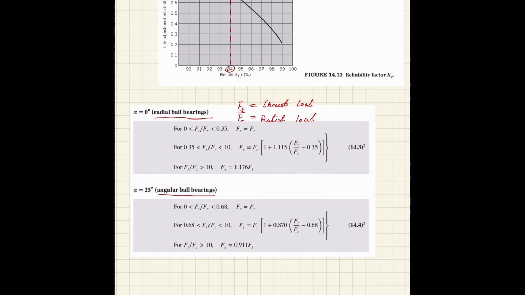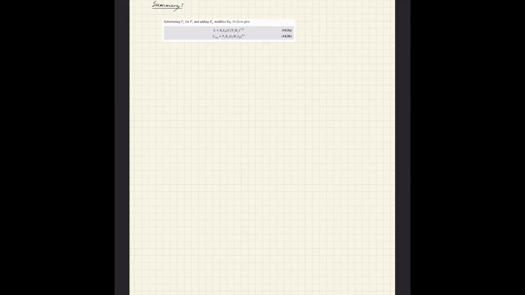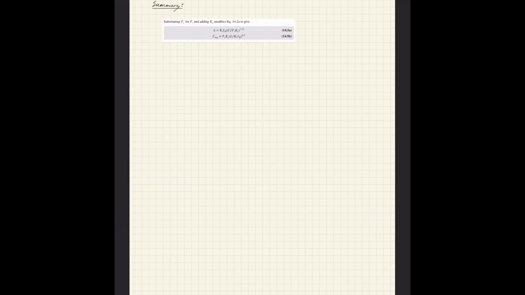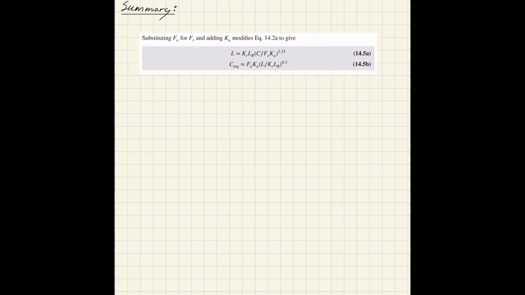It's FT over FR once again, which you must determine from the question, and that'll give you your equations for FE. Lastly, let's discuss the case when we replace FR with FE and add KA to these equations. So here we have our FEs, which we determined, and we go here and we have these following equations.